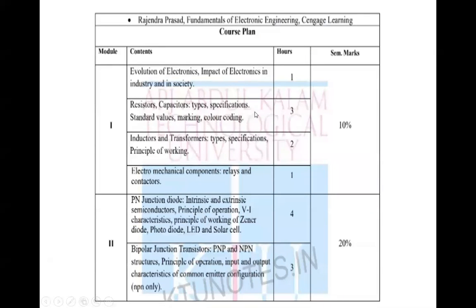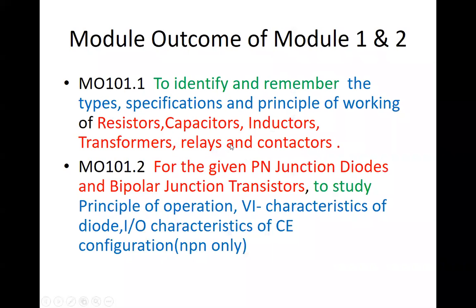So this is your first module. So at first impression, you might be thinking, what is the skill that I can transfer to the student? So you have to start by writing the module outcome first.